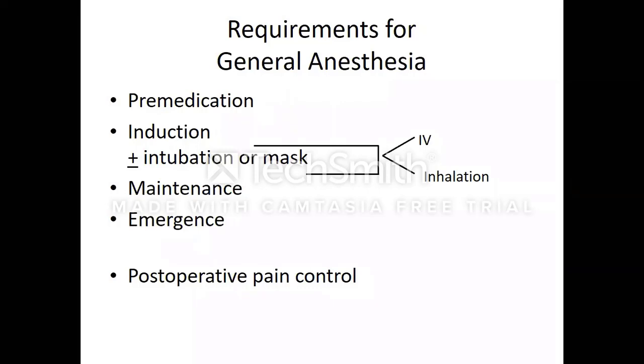So the different components of anesthesia are pre-medication, induction, maintenance, emergence, and administration of post-anesthetic medication. So that the entire process of anesthesia takes place smoothly with less trouble, less pain and less trauma to the patient.